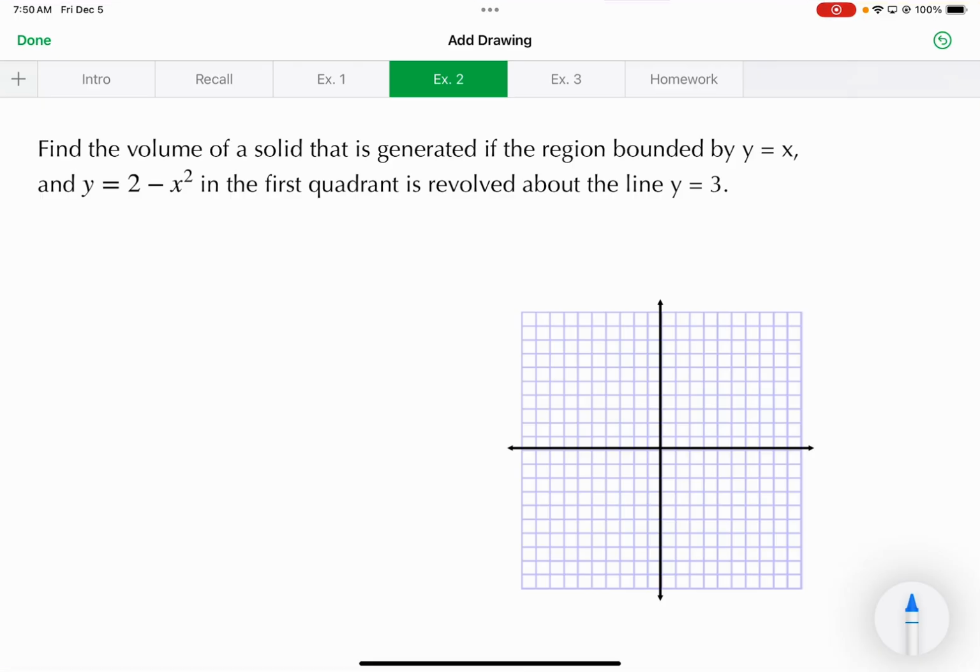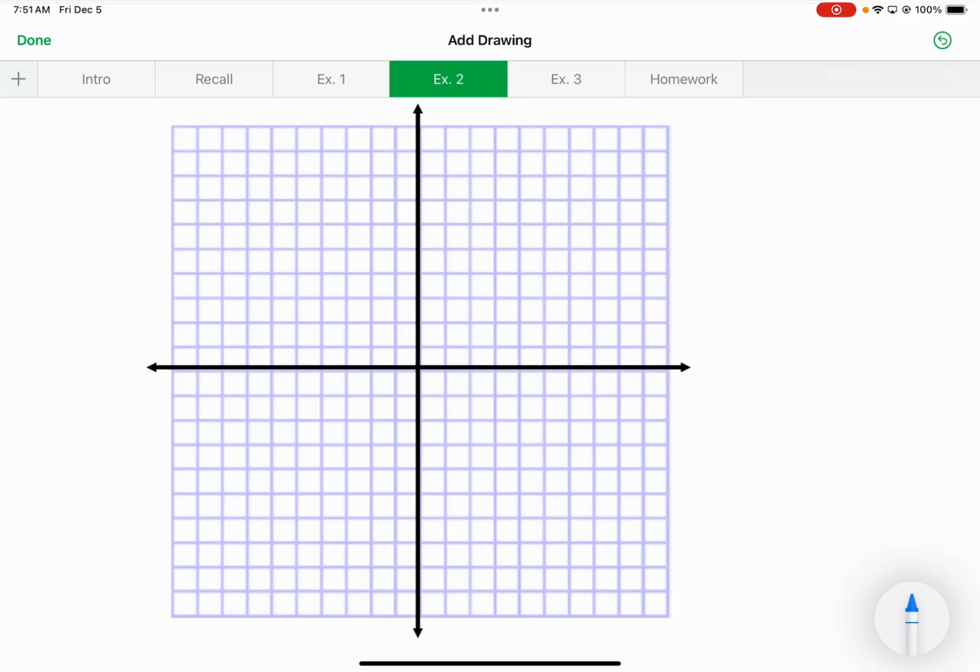All right, volume of a solid generated if the region bounded by, we've got y equals x and then 2 minus x squared, in the first quadrant, is revolved about the line y equals 3. So we're doing another horizontal line of revolution here. All right, let's get our region sketched in here.